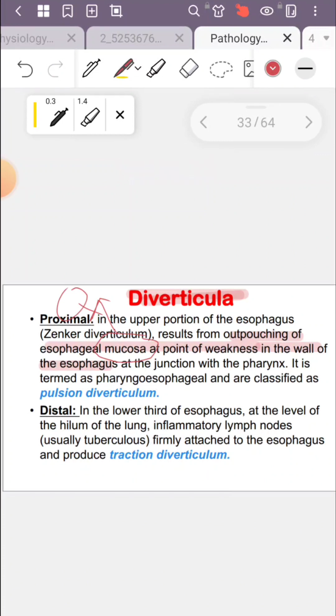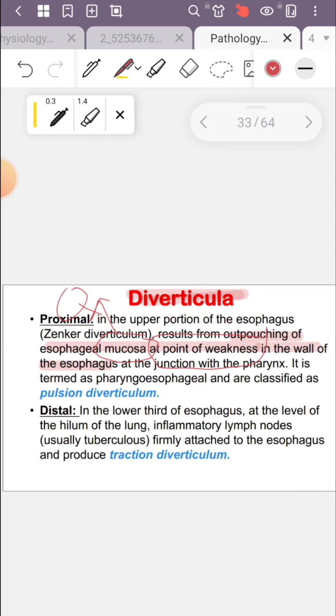It always protrudes through a point of weakness, between the dissecting muscle fibers, the pharyngeal and upper esophageal muscles. Right? It is the connection between the pharynx and the upper esophagus, where there is a point of weakness between these muscles resulting in a diverticulum, or protrusion of mucosa.